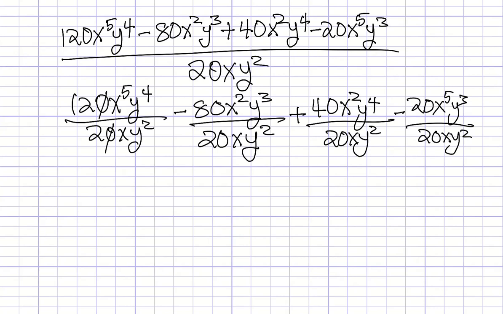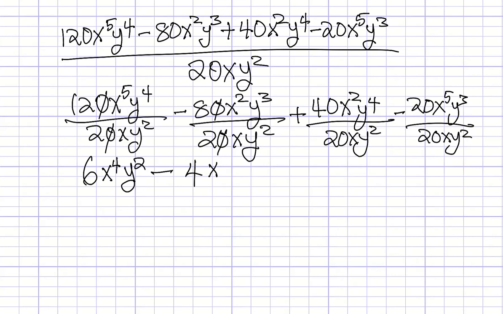Notice that cancels out. You get 6. Notice the relationship between x on top and x on the bottom. You get x to the power 4, and you get y to the power 2. Okay, you see that, right? We'll keep doing it like that. Then you get 4x, just x, because x raised to the power 2 minus x raised to the power 1 gives you x.